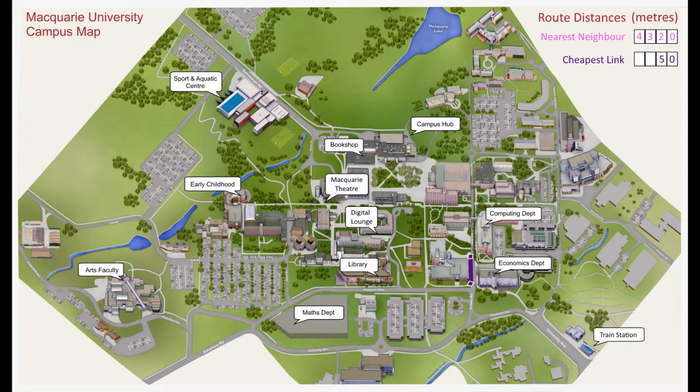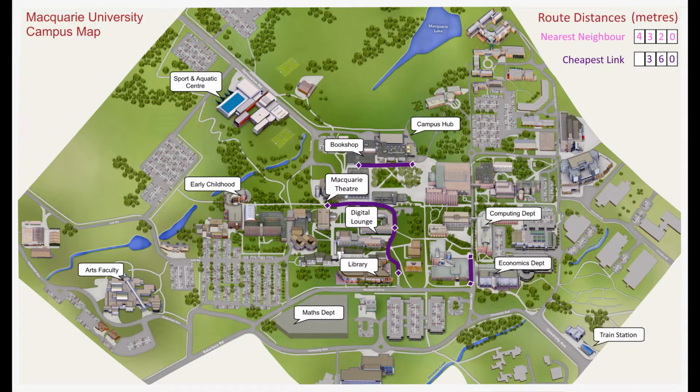The next shortest distance, 100 meters, occurs twice between the bookshop and campus hub, and between the library and digital lounge. The cycle keeps building in this fashion. The next shortest distance is 110 meters between the digital lounge and Macquarie Lecture Theatre. As there is now a path leading into and away from the digital lounge, it is removed from further consideration.